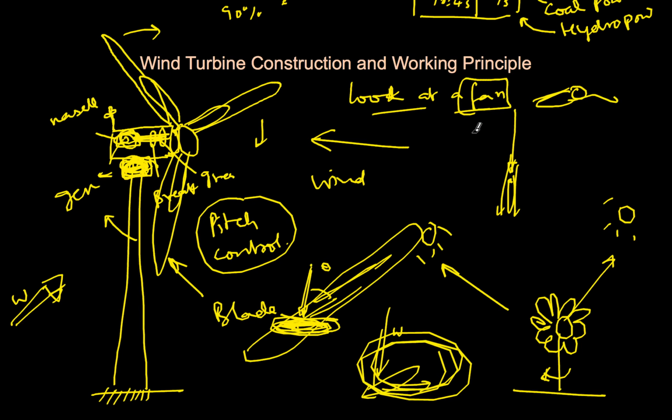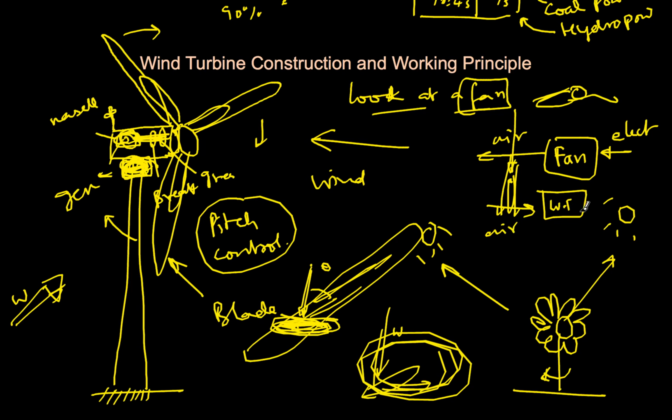In your room, it gives you air. The input is electricity, and the output is air in your room. Similarly, the opposite is the wind turbine: input is air, and the output is electricity. So this is one of the fun things with the construction and working principle.